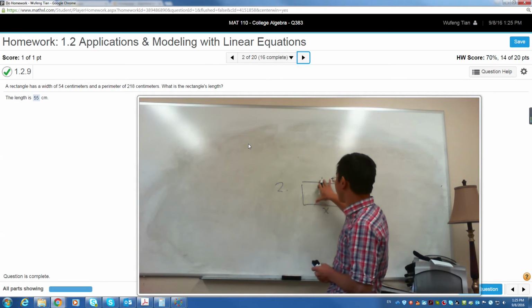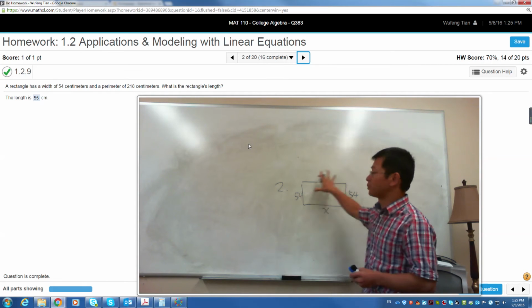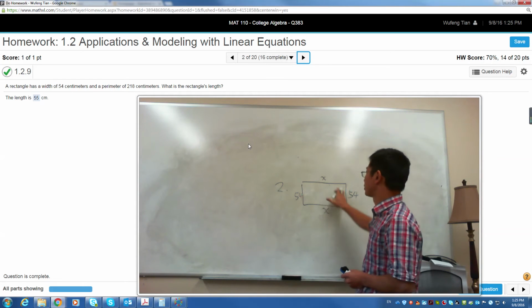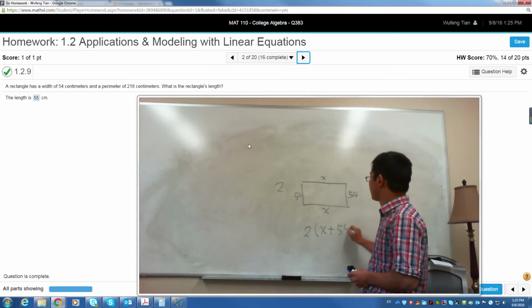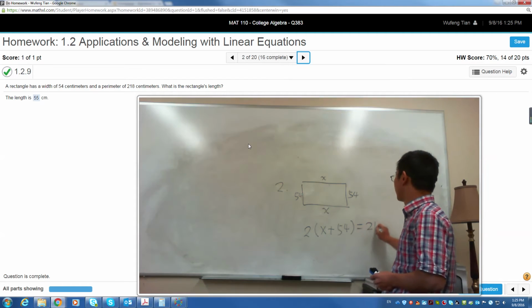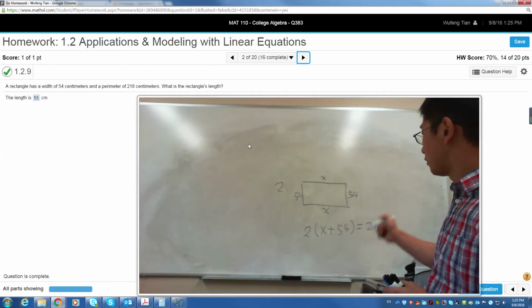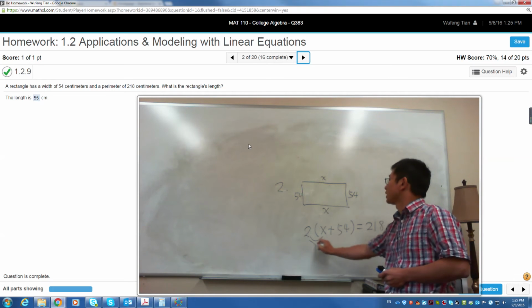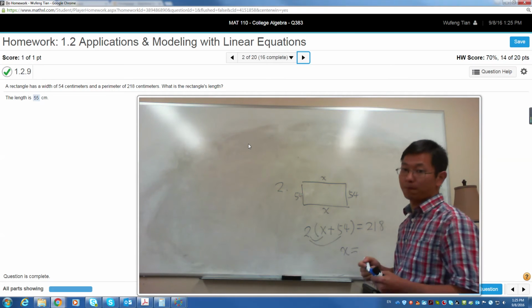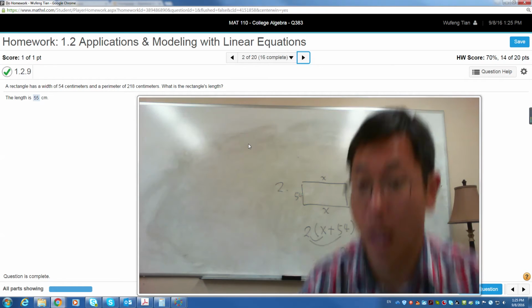You double your x, you have another x here, you have 54 here, and the perimeter is double the length plus double the width. So it's 2 times x plus 54 equals 218. Then you solve for x. It's a pretty simple one. You distribute the 2 and subtract, okay? You do not need help with that simple equation.